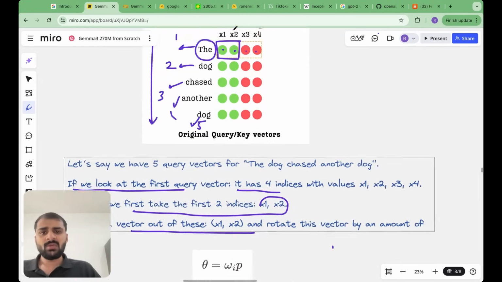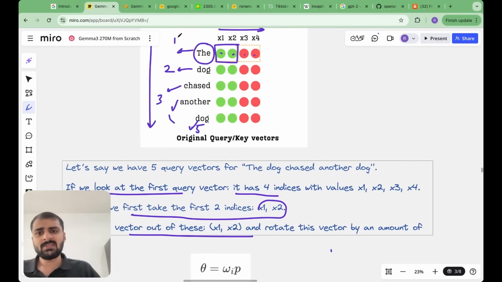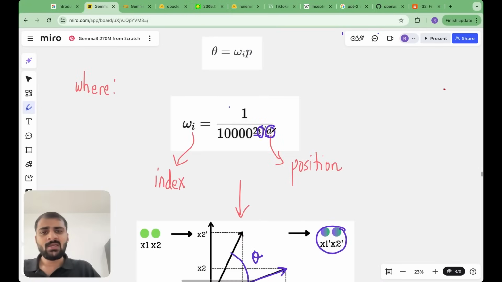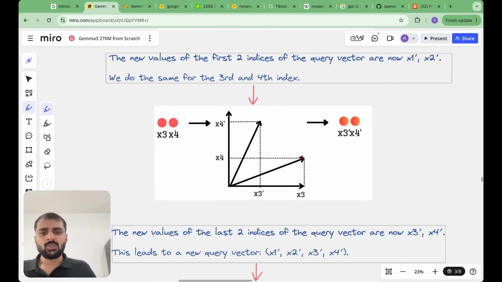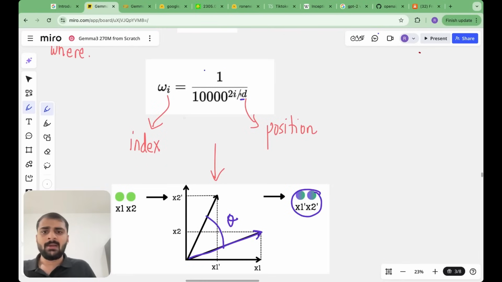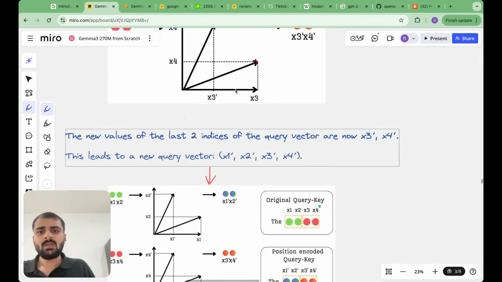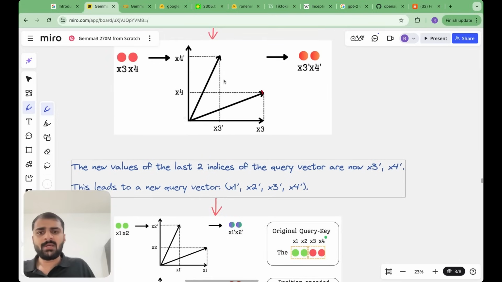For x1 x2 and x3 x4, the position remains the same because "the" is at position number 1, right? So d remains the same, but the only thing which changes is i, the index. x3 and x4 come at a higher index compared to x1 and x2, so they will be rotated by a slightly smaller amount because i comes in the denominator. So x3 x4 will be rotated to form the new vector x3 dash and x4 dash.